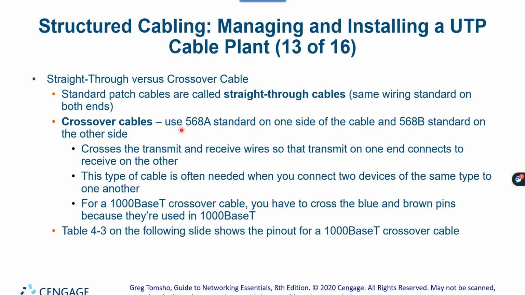We use them when we connect like devices. So if I need to connect a computer to a computer or a router to a router, then I'm going to use a crossover cable. You cannot use a straight through cable to connect 2 computers directly to one another. The NIC light won't come on and you won't be able to send data over those cables.